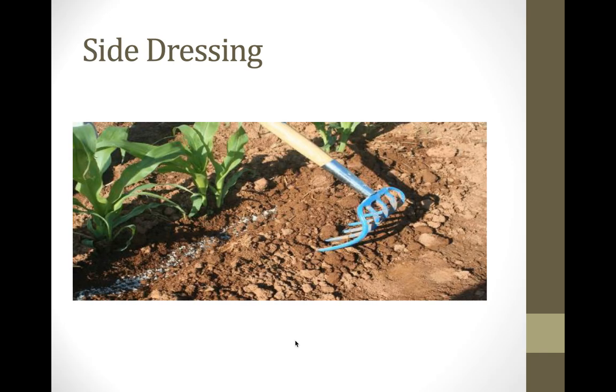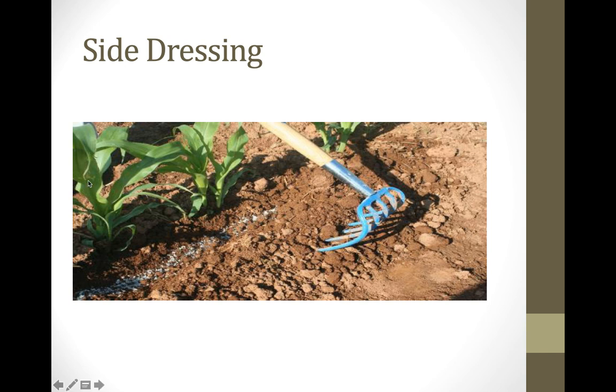This is a good picture of side dressing, and a lot of times we do this in field crops or even in gardens. You've got your row. You can see that your corn is coming up here. Fertilizer makes absolutely no difference on seeds. You have to actually get the plant to germinate before the fertilizer matters.